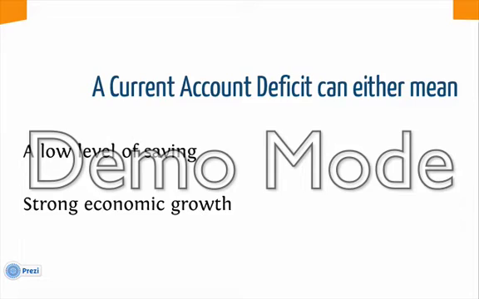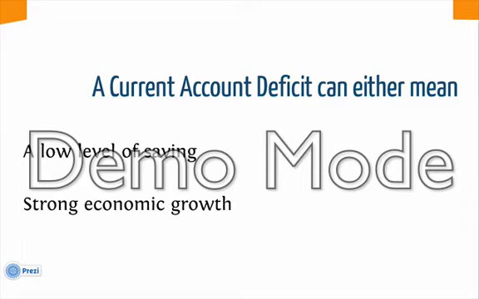And as I've mentioned before, having a current account deficit means that there's a corresponding financial account surplus. And that means that other countries are investing in the domestic economy.